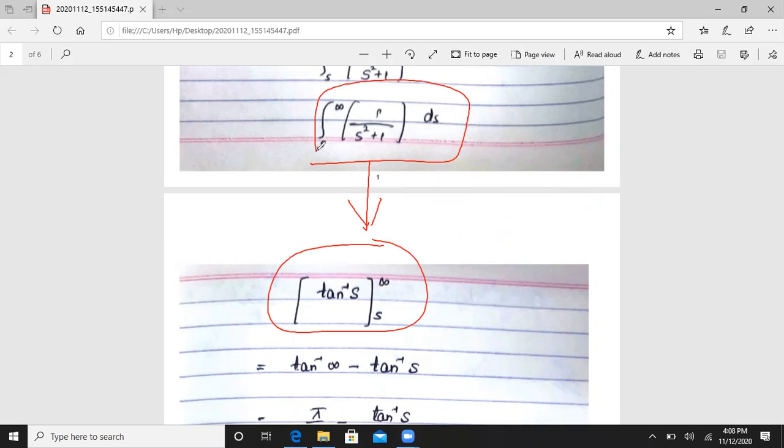Now the limits are: upper limit is infinity and lower limit is s. We already know that when we apply the limits, we get upper limit minus lower limit. So we substitute those values: tan inverse of the upper limit, infinity, minus tan inverse of the lower limit.